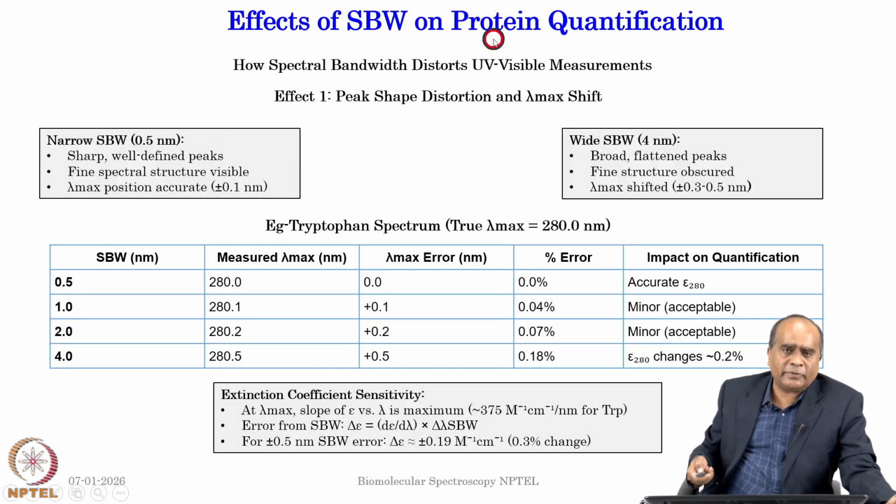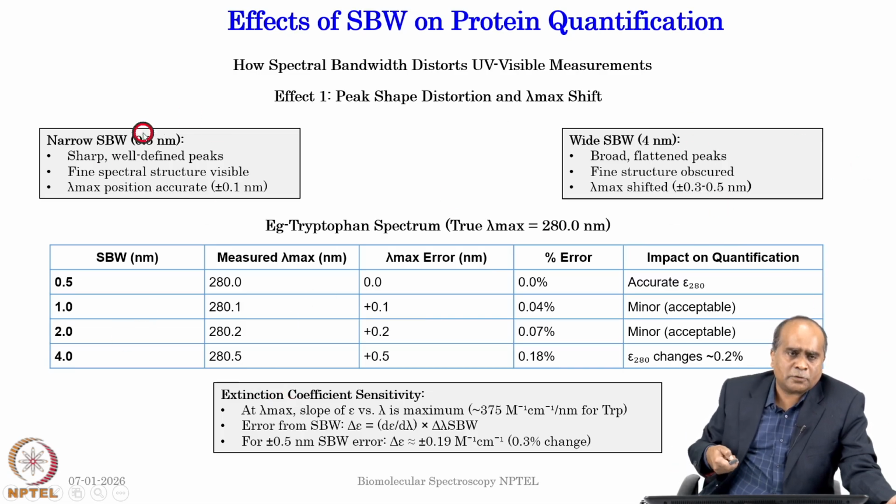So, how does spectral bandwidth distort UV-visible measurement? The distortion can come from various factors. Let us consider a narrow spectral bandwidth: we have sharp, well-defined peaks and fine spectral lines, and lambda max is very accurate. But in the broad case, the peak is flattened rather than sharp, and lambda max can shift.